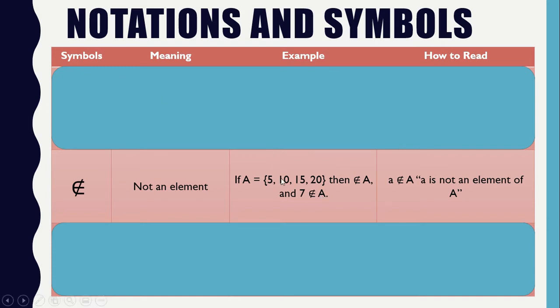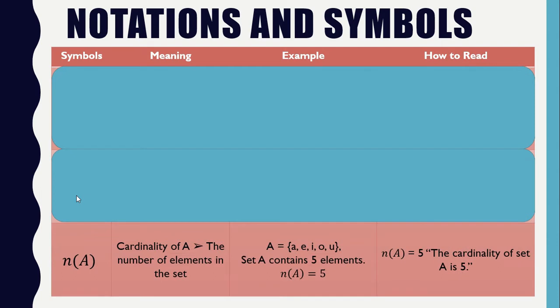Because 7 is not among the given elements of set A, because set A comprises the elements 5, 10, 15, and 20. So, 7 is not an element, and we use this symbol whenever we need it. Okay? Next.